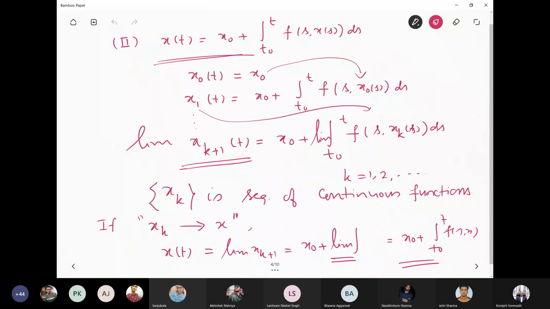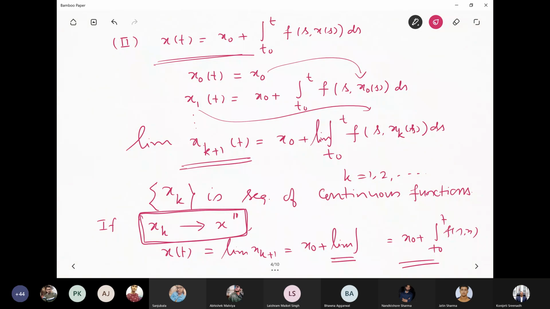So we need to show that xn(k) converges uniformly to a function x. Here we don't know what the function is. We only know the sequence of functions, iteratively defined.